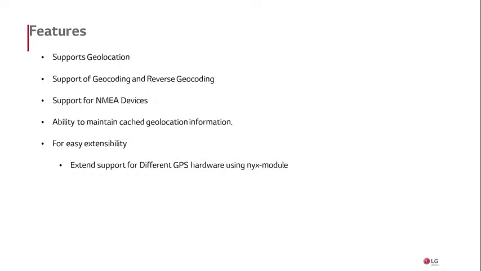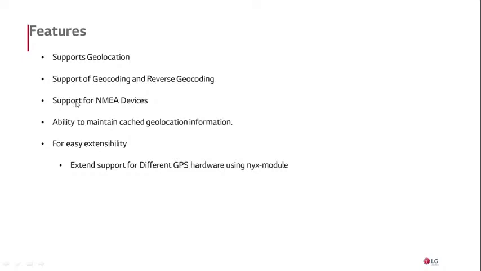It is used in geographical information systems to help find the coordinates of a place or address. And what is reverse geocoding? Reverse geocoding is the process of converting a location described by geographic coordinates, that means longitude and latitude, to a human readable address or a place.